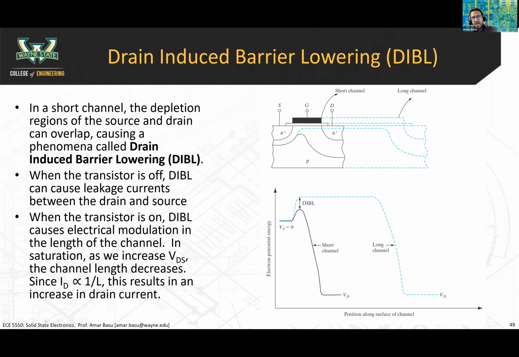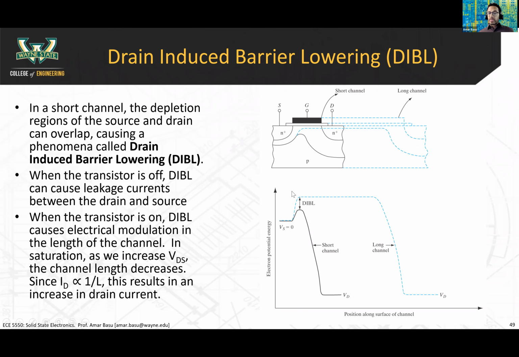So what do you think will happen if you reduce that barrier? So the first thing I can think of is electrons going from source to drain. Since this barrier is no longer as wide, you have an increased chance of tunneling. Yeah, absolutely. Both are possibilities.